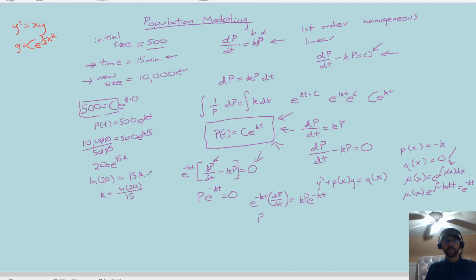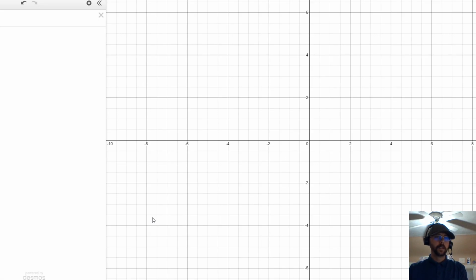Now let's see what number we get. I'll use a calculator, and we're going to have P of t, population with respect to time, equals 500 e to the k, which is the natural log of 20 divided by 15. I really like Desmos's website.